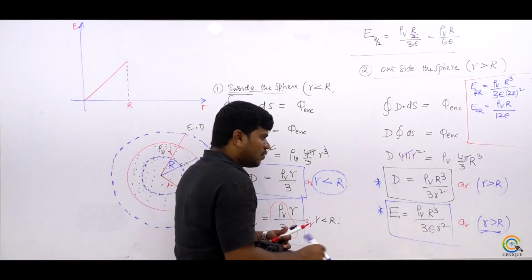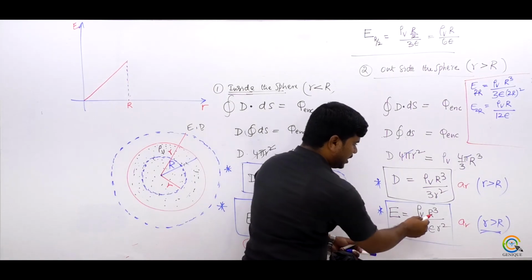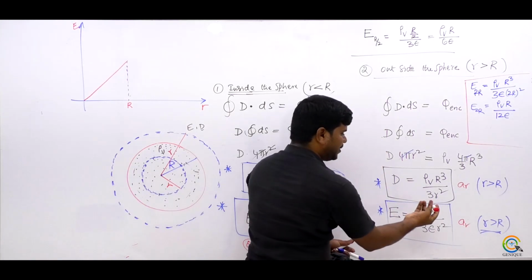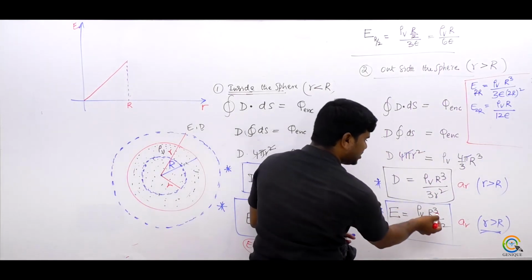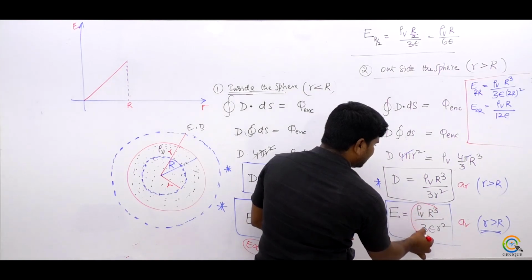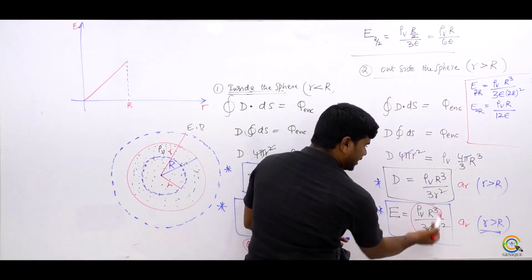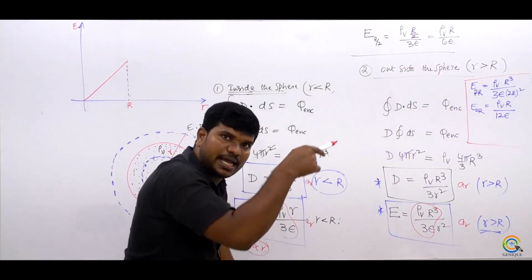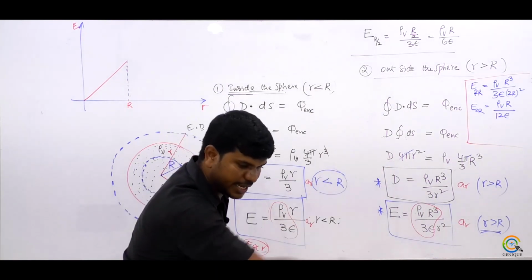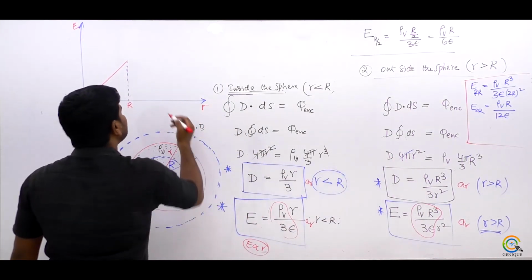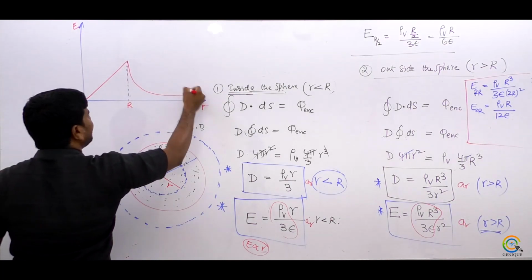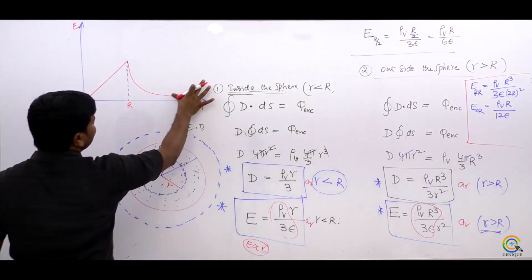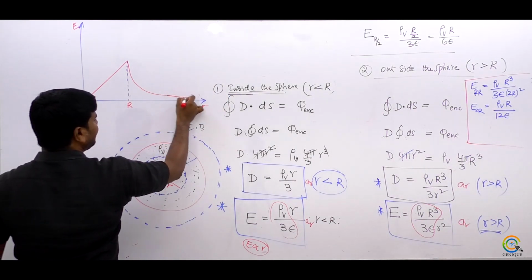Here capital R is constant because it is a constant sphere, the radius is already given, so this entire portion is constant, but it is 1 divided by r square. 1 divided by r square represents a non-linear variation, a decay. As r increases, the electric field will decrease. This is the thing you have to identify.